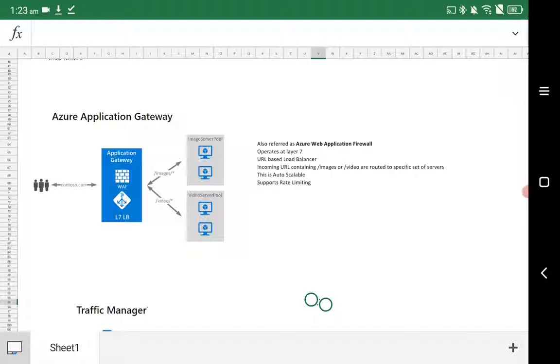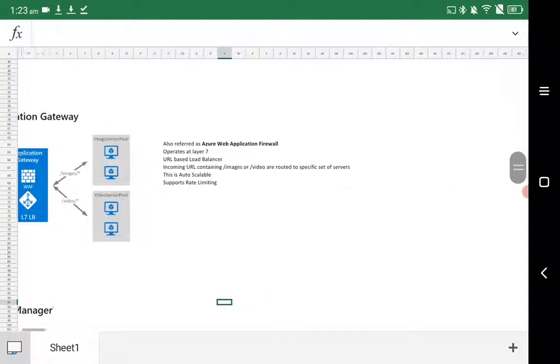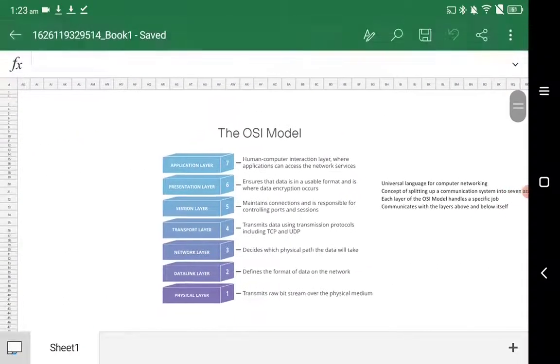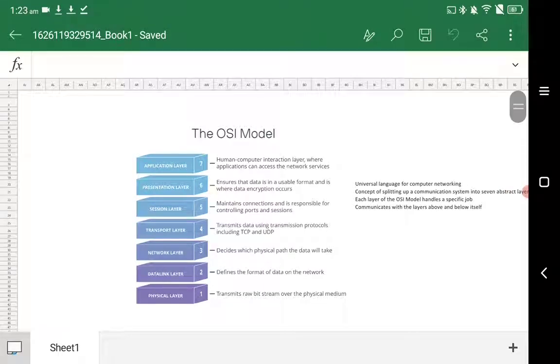This is auto scalable and it also supports rate limiting. So it has advantages compared to the basic load balancer in Azure. And it works at level 7 of the OSI model. If we refer back to the OSI model, the 7th layer is the application layer, which is the layer we interact with, where the application can access the network services.